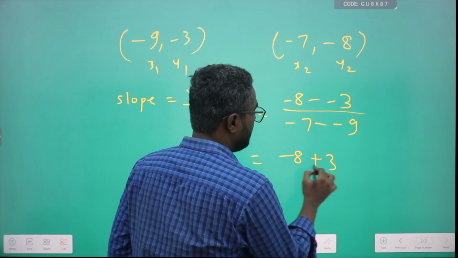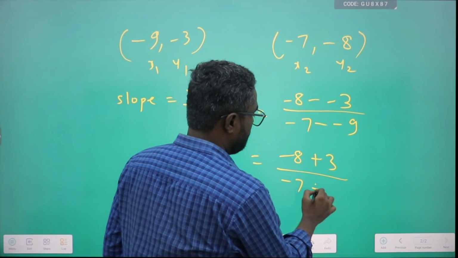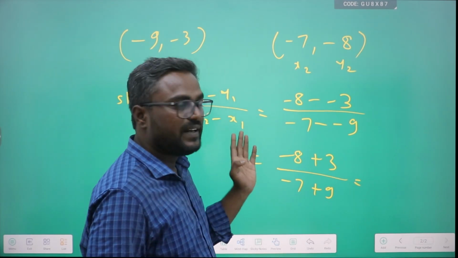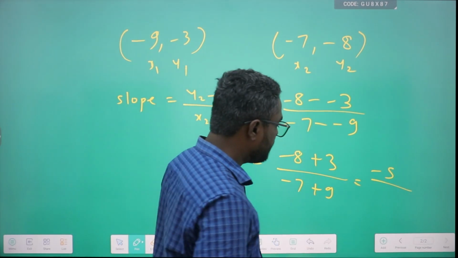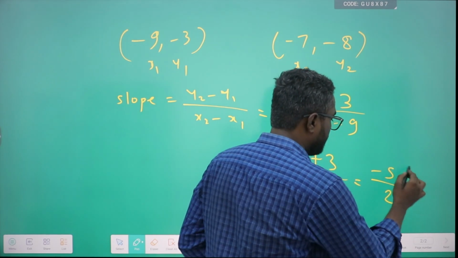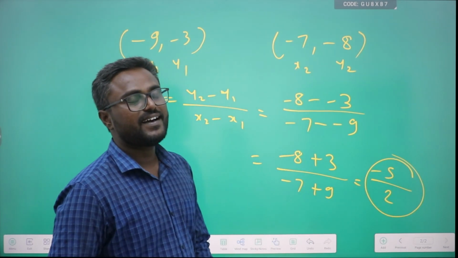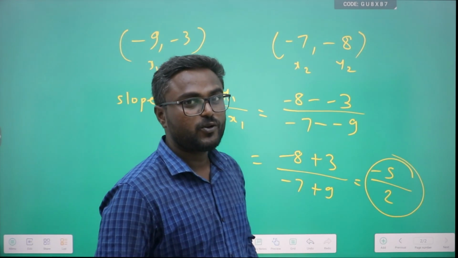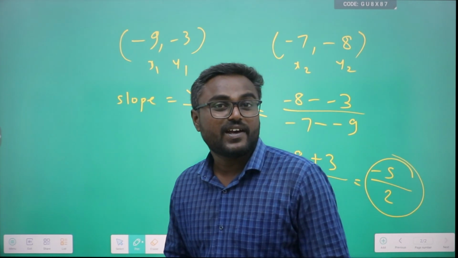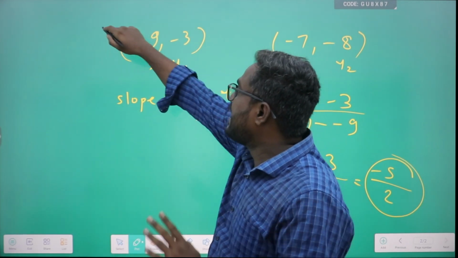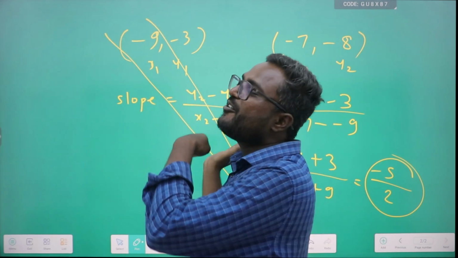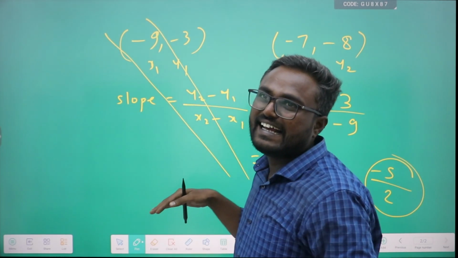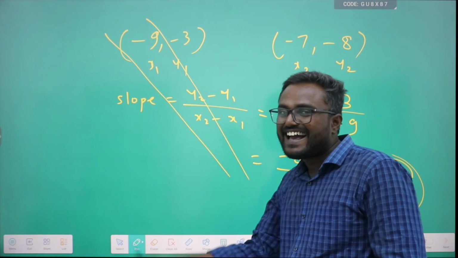Negative 8 plus 3 over negative 7 plus 9. Negative 8 plus 3 is negative 5. Negative 7 plus 9 is positive 2. So what do you get as the answer? Negative 5 over 2. What does that signify? If the slope is negative, the line is going to be like this. Basically, it is going to have more than 90 degree inclination with the horizontal line.